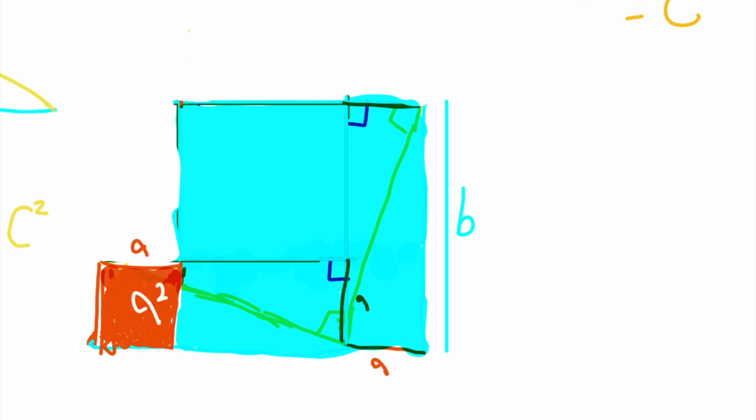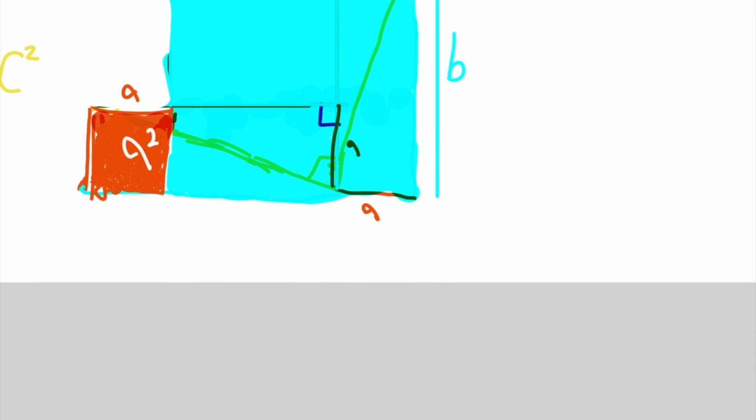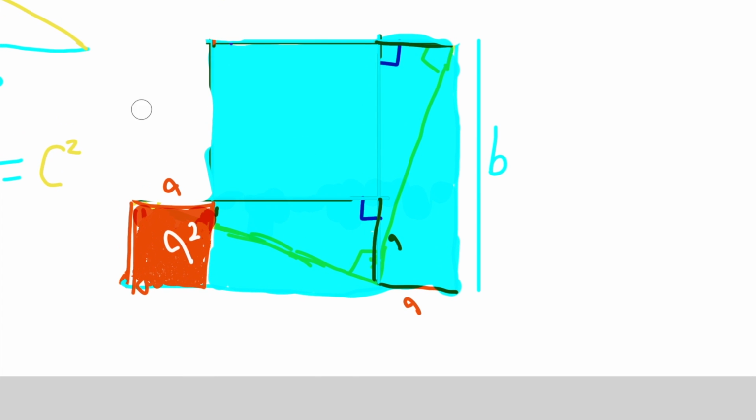Okay, so now we have that. What is the area of that? Well, if we really want to, we can do this. Okay, so if that's B, this is B as well, right? And this is B, and this is B. So if these sides are all B, this area is B squared, right?